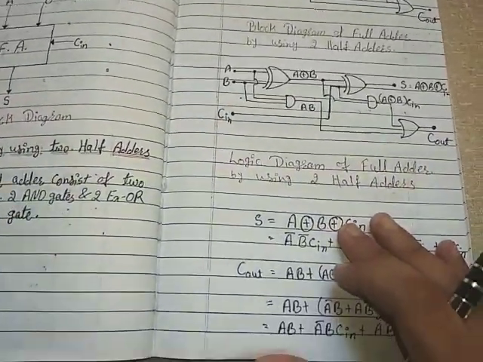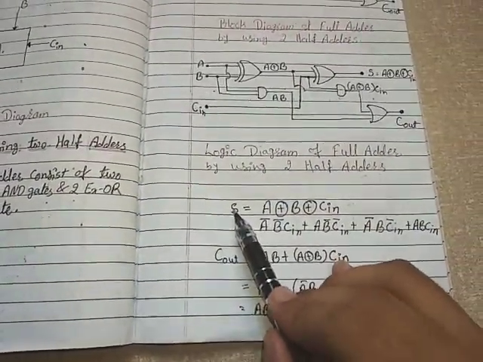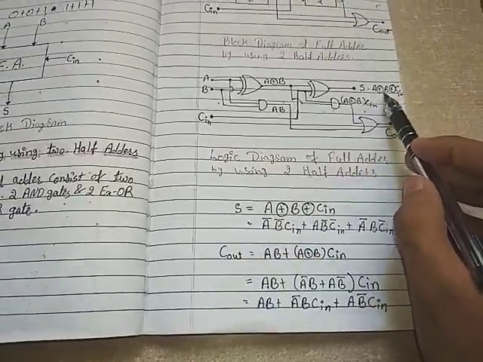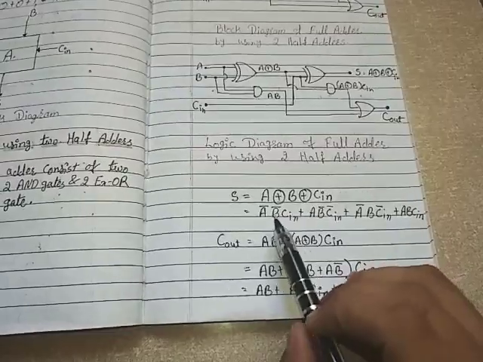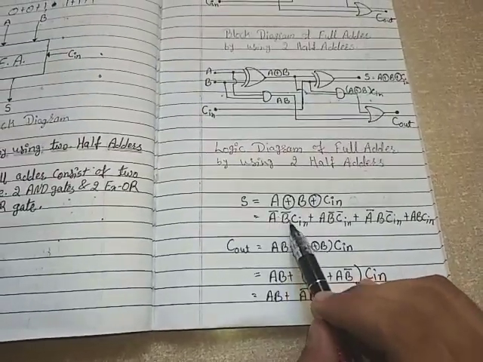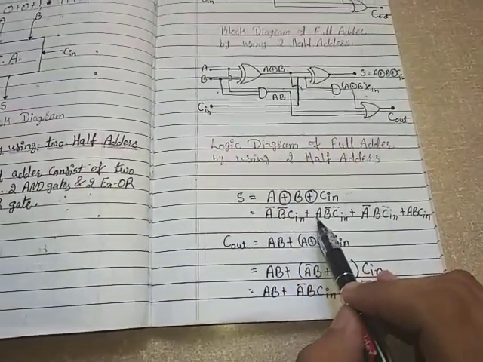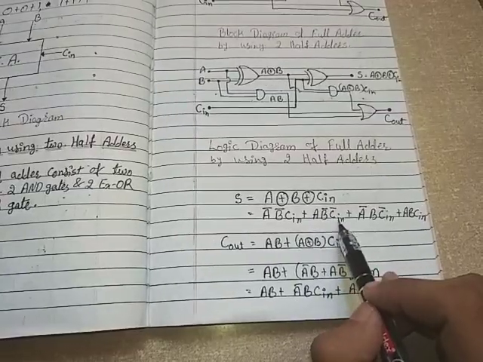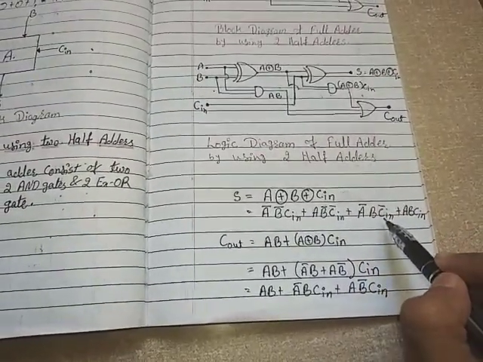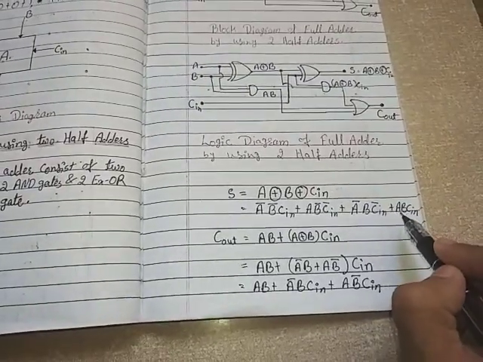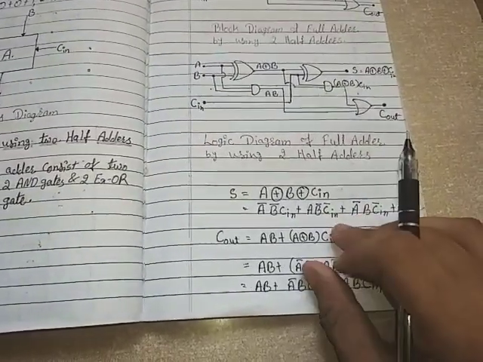So here we go, the logical equations. Sum is given by A XOR B XOR C in. When we open this, it will give me A bar B bar C in plus A B bar C in bar plus A bar B C in bar plus A B C in.